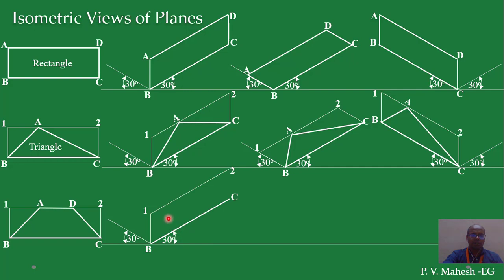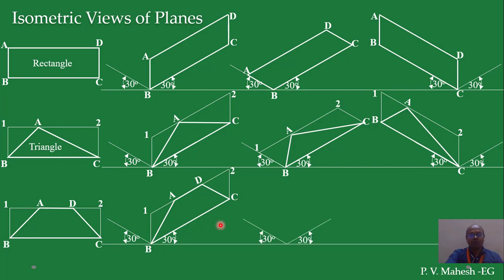Then you join this. This is the isometric view of the enclosed box. Now identify the distance of 1A and mark A here, and identify the distance between 2 and D and mark it here. Then if I join ABCD, I will get the isometric view of the trapezium.